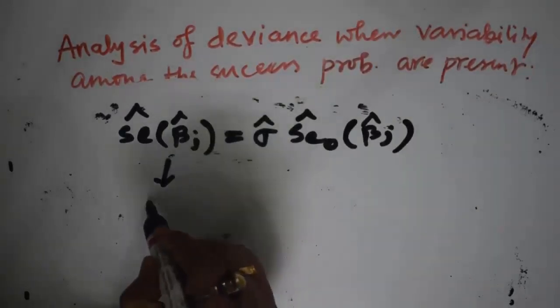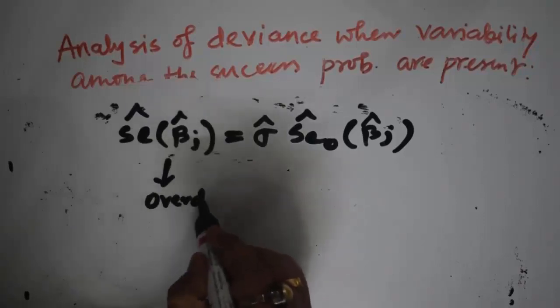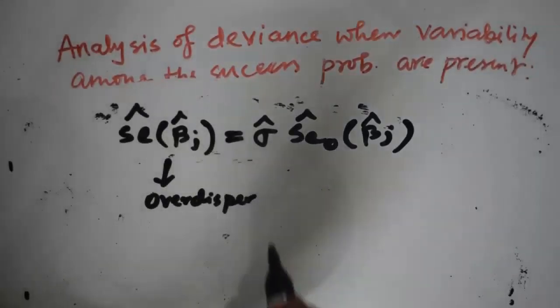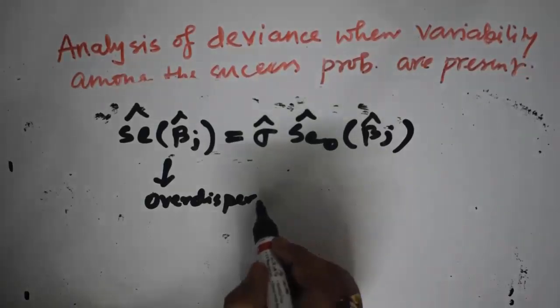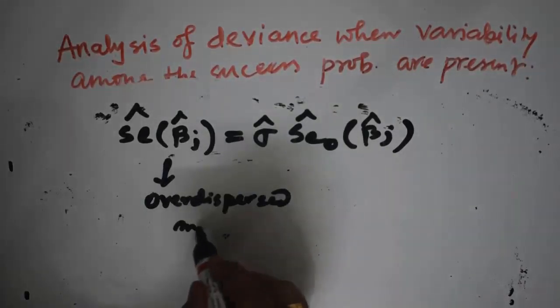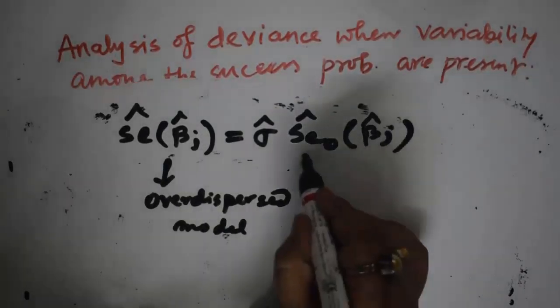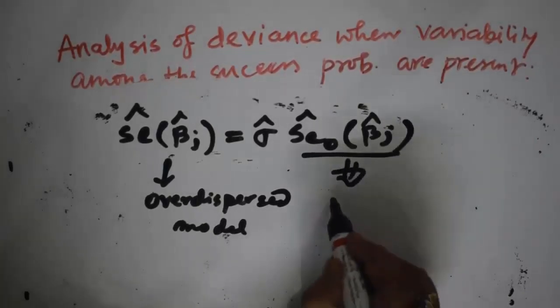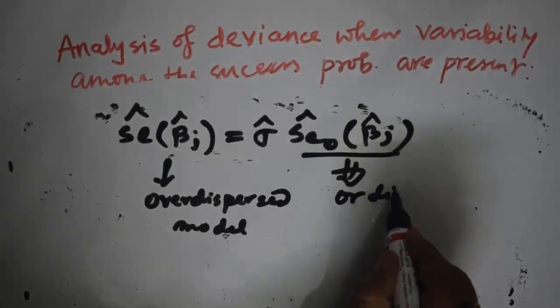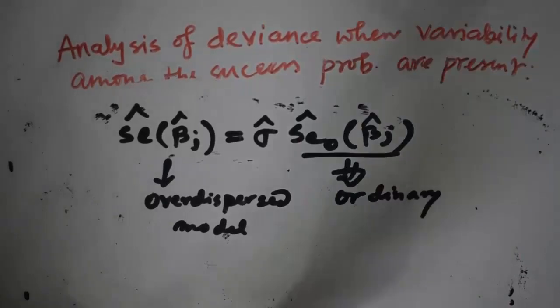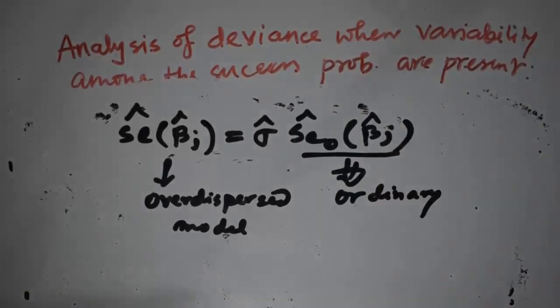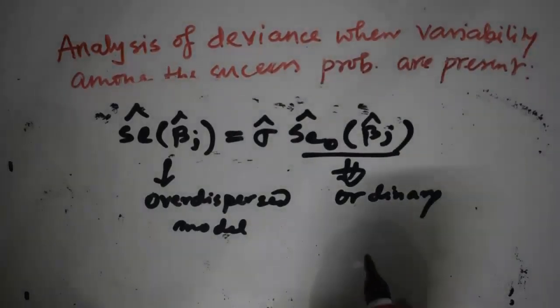So this is overdispersed and this is ordinary model, that is, ordinary means no overdispersion situation arises.